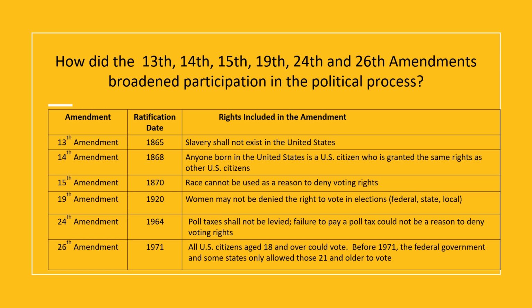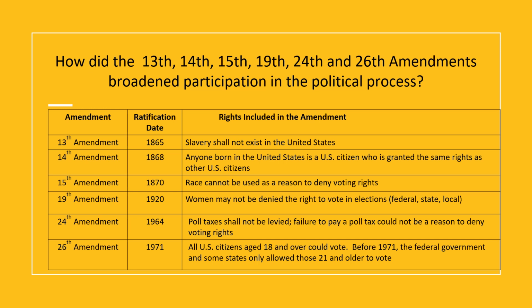They were old enough to vote, they met residency requirements, and they met registration requirements. But still, when they went to vote, they were told that they had to pay a poll tax. And the 24th Amendment eliminated that requirement. Then in 1971, the 26th Amendment was ratified, and that amendment lowered the minimum voting age for all U.S. citizens.